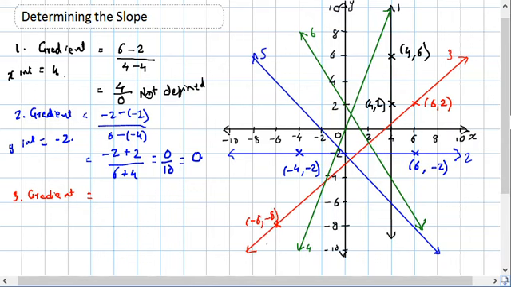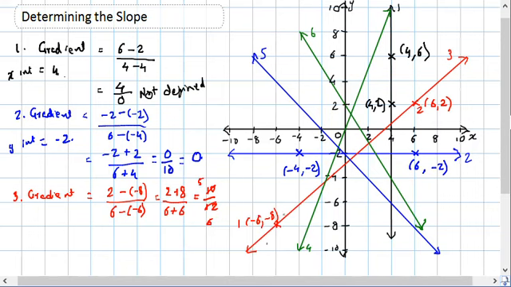So if this is my point 1 and this is my point 2, then y2 minus y1: I take 2 minus negative 8 over the x coordinate of the second point, 6 minus negative 6, or I can say 2 plus 8 over 6 plus 6, which is 10 over 12, or in simplest terms 5 over 6.